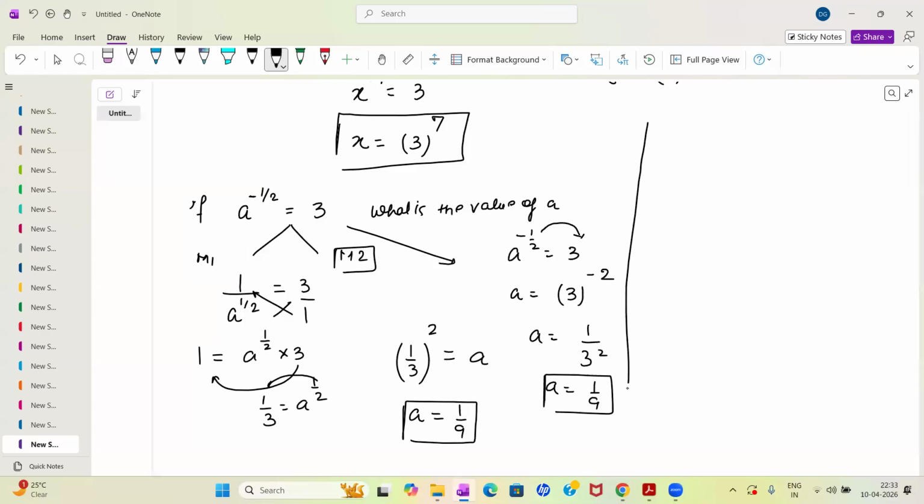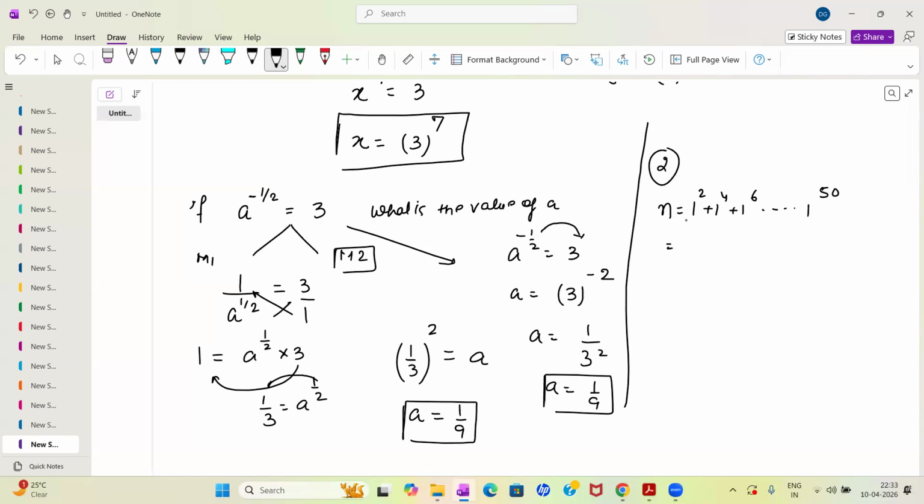Question number 2. Let n is equal to 1 to the power 2, plus 1 to the power 4, plus 1 to the power 6, and up to 1 to the power 50. What is the value of n?